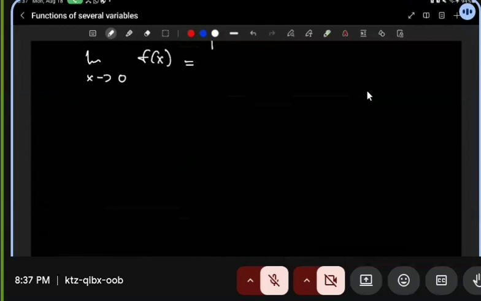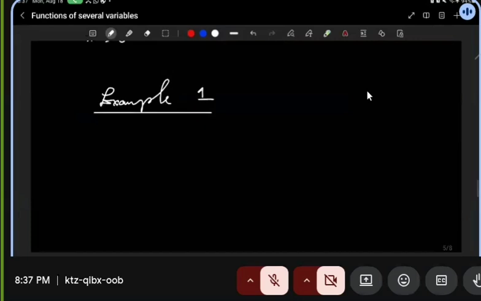Okay, so in some cases, you might have expressions which are very easy to evaluate the limits for. Just as you saw for single variable functions, some limits just require you to directly substitute and you get your answer.